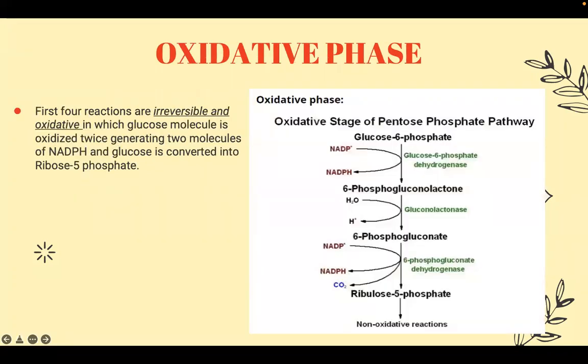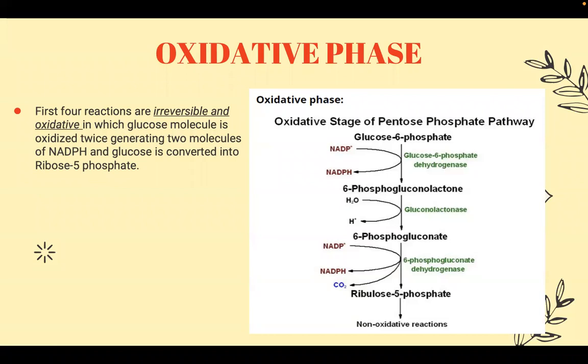For the oxidative reaction phase, let us just read the description. The first four reactions are irreversible and oxidative. Meaning yung unang apat daw na reaction na dadaanan natin later on, irreversible meaning pag dumaan na dun sa step na yon, pag nag-go through na dun sa phase na yon, hindi na siya nababalikan or hindi na pwedeng balikan.